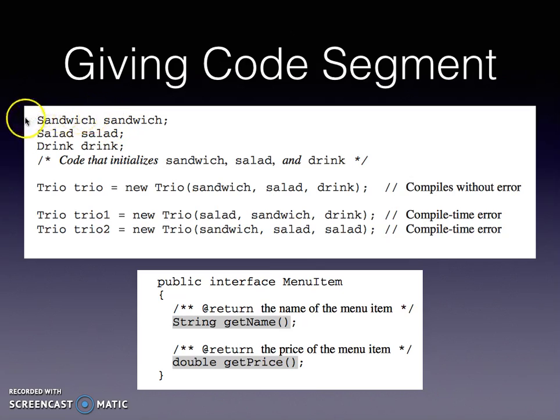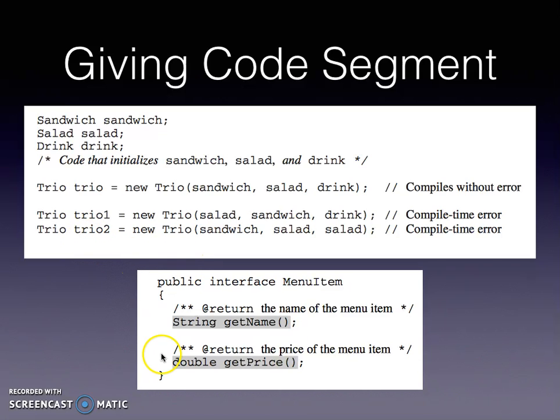We can see the declaration of the 3 types of object variables: sandwich, salad, and drink. And we can see the Trio, where the 3 object variables stay in a certain order, so it can compile without error. The College Board also gave 2 examples that will compile with error.